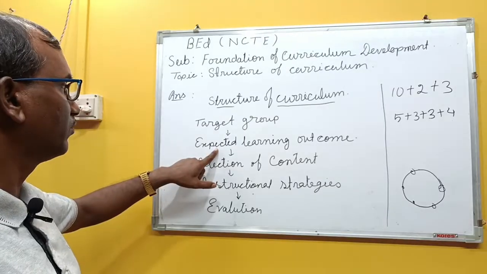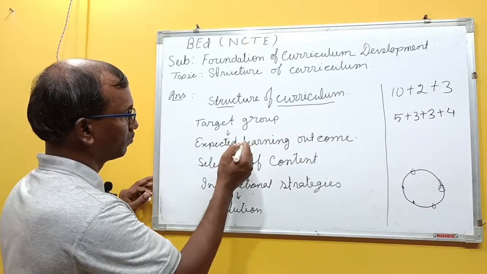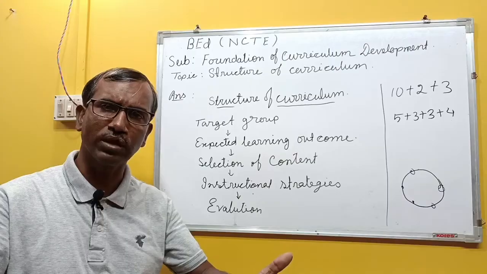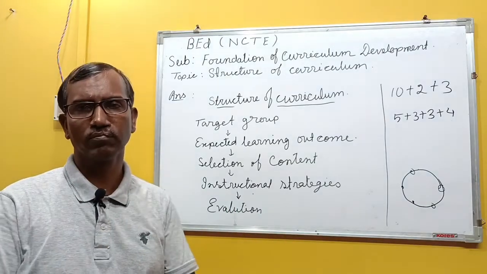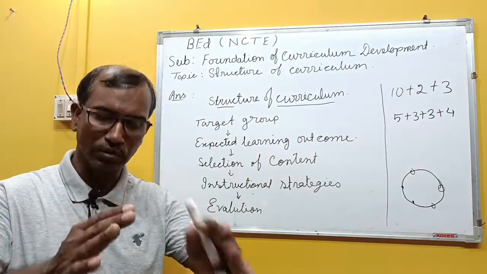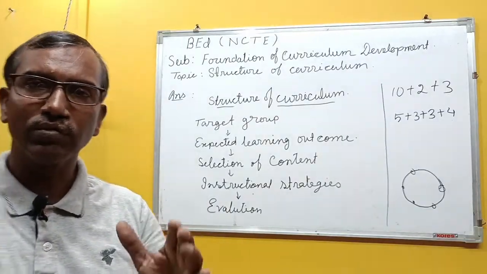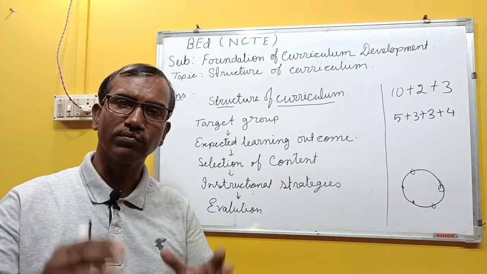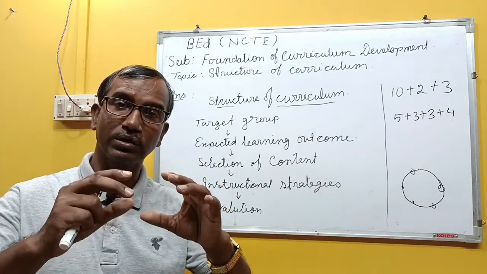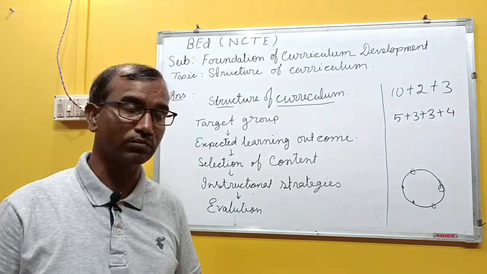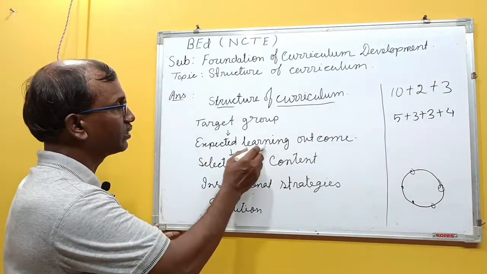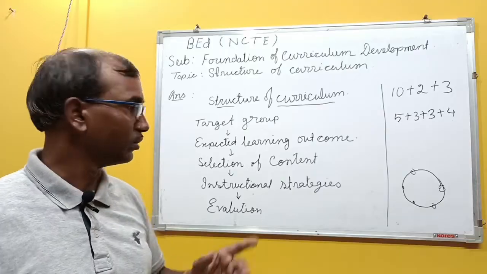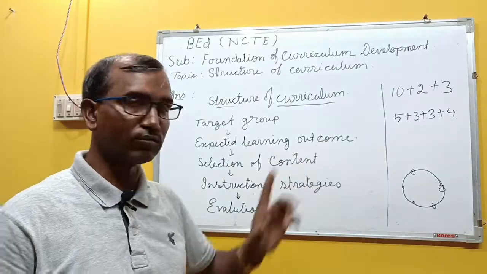Then secondly, from that target group, what kind of behavior do we like to develop in that group of individuals? If our target group is selected as class 9 and 10 to frame the curriculum, then what kind of behavior do we expect from the curriculum? That is the expected learning outcome.